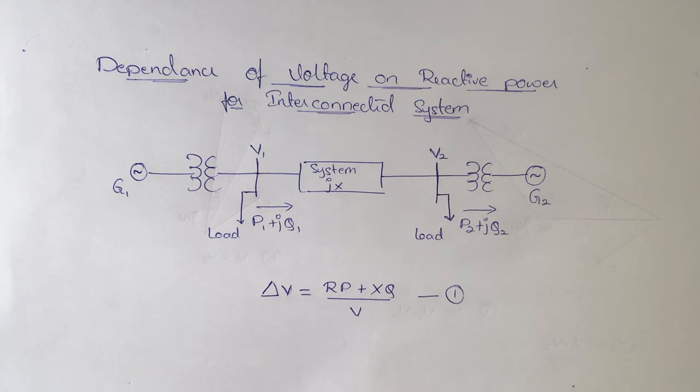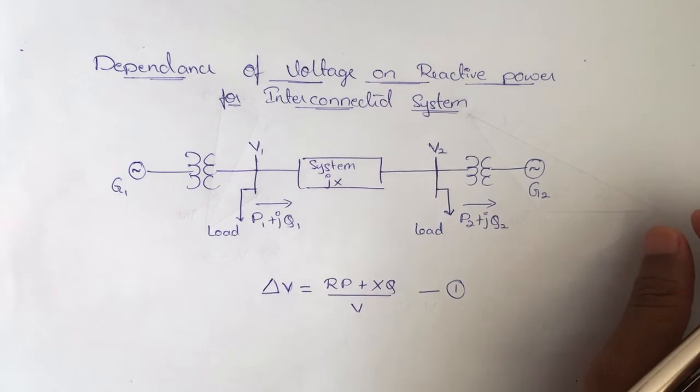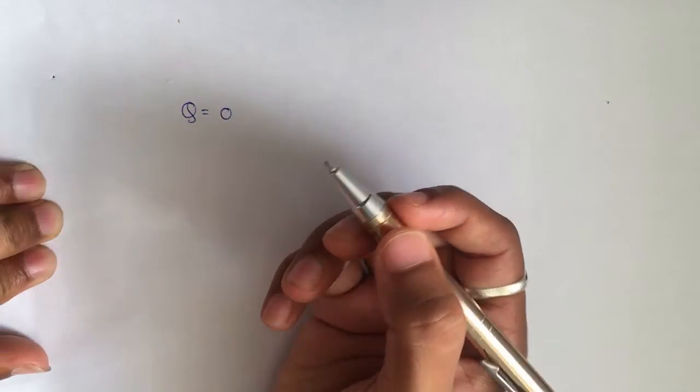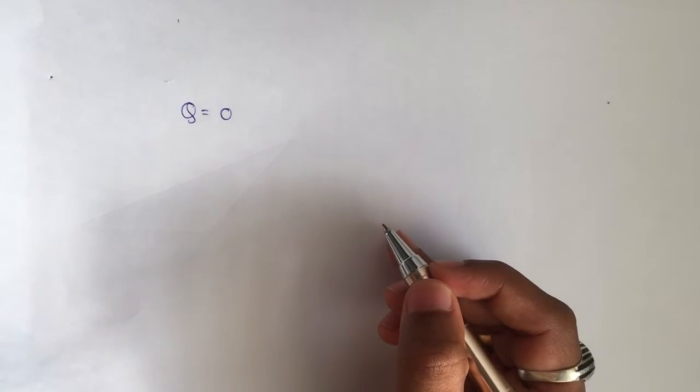If the reactive power is generated, the voltage of the bus will rise. We all know if you generate reactive power, the voltage will be increased in the bus. If we make the reactive power Q equal to 0, then there will be no voltage drop between bus 1 and bus 2.